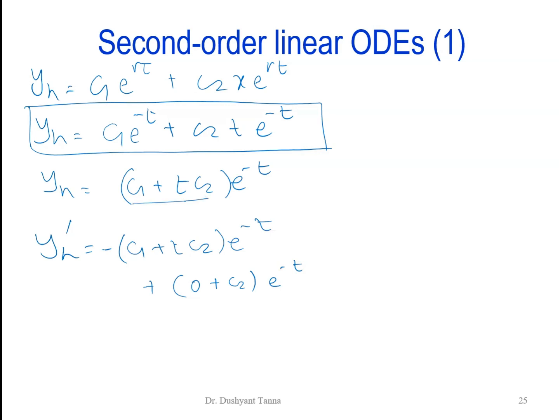So this stays as it is. Differentiation of e raised to minus t, so minus comes in place. Then e raised to minus t says it is c1 differentiation 0, tc2 differentiation is c2. If you simplify it, what you'll get is minus c1 minus tc2 plus c2 e raised to minus t, that is YH dash.